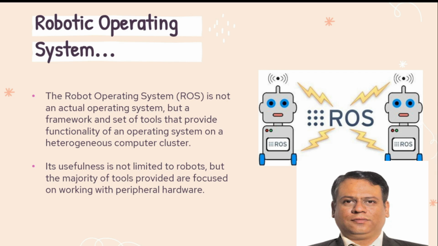ROS is not a normal operating system like Windows 10, Ubuntu or Kali Linux. It is a library, or framework, which holds certain tools that look like a normal operating system. This Robot Operating System can be installed on your Ubuntu PC or on Windows, something like that.